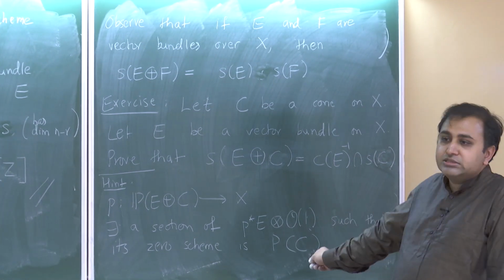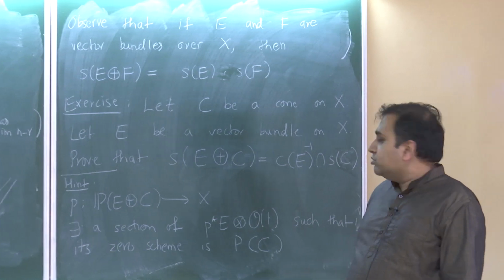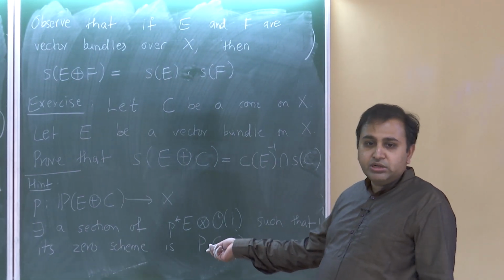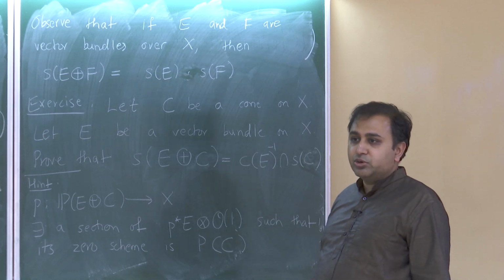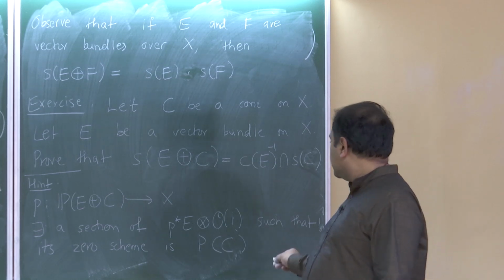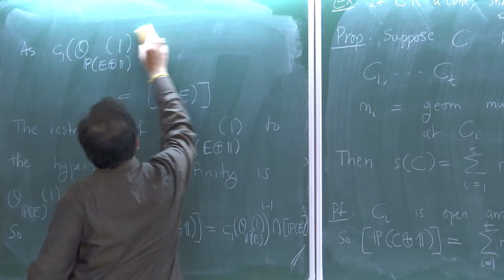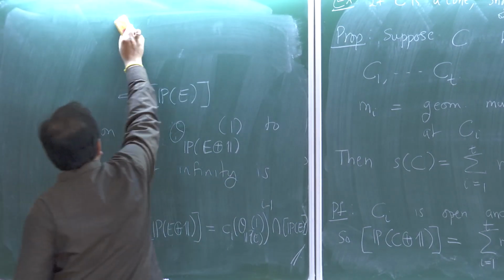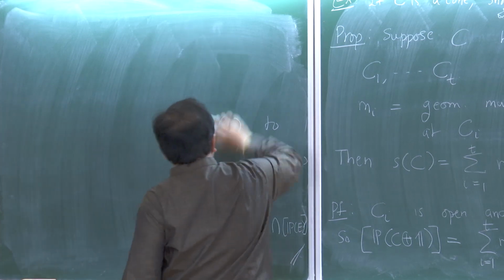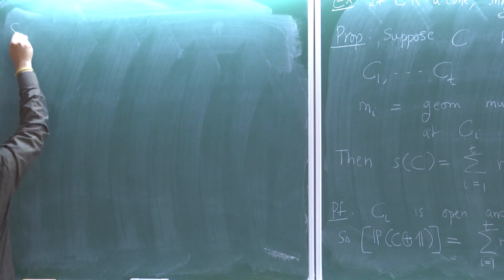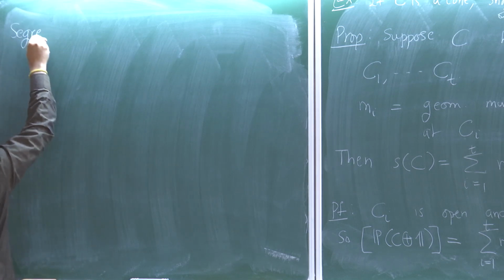My suggestion would be that maybe you try to verify this over a trivialization of the vector bundle and see if it glues together properly. I think it should happen. We'll talk about it. Now, what is all this in aid of? What we really want to do is apply this to normal cones.